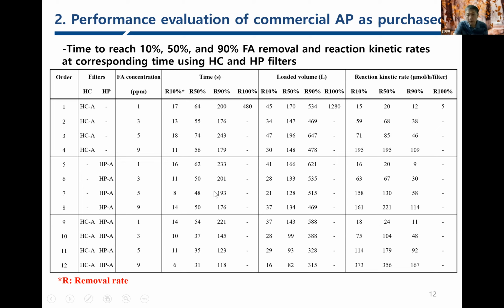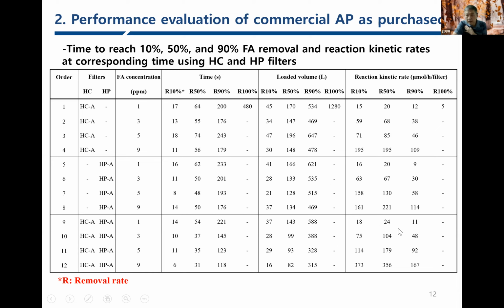But the HEPA filter system, although it is mainly operated by the activated carbon, also showed some removal, although not as efficient as the photocatalyst system. So this HEPA filter is likely to support the performance of the honeycomb filter. When both of them are operated together, we can see slight enhancement in performance, in both time and loaded volume.